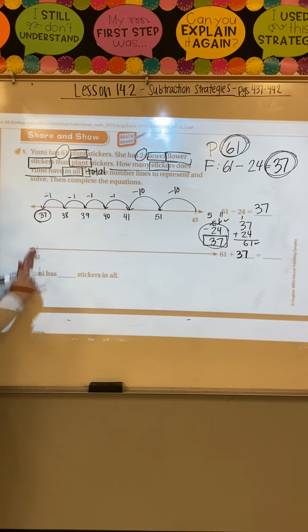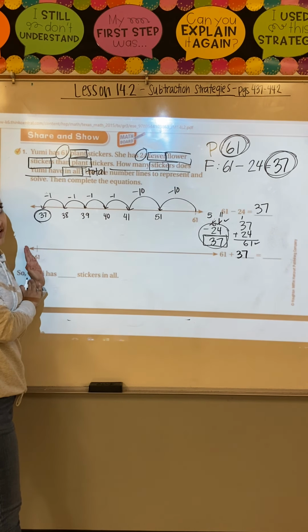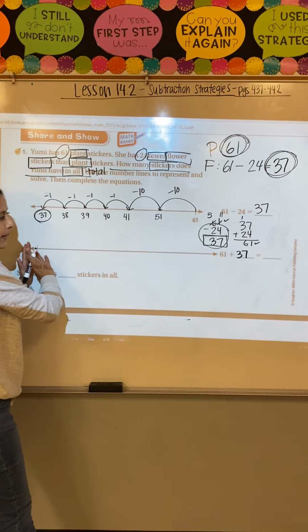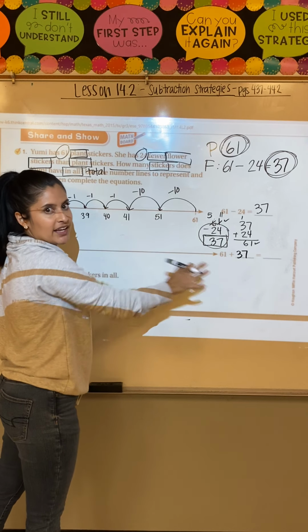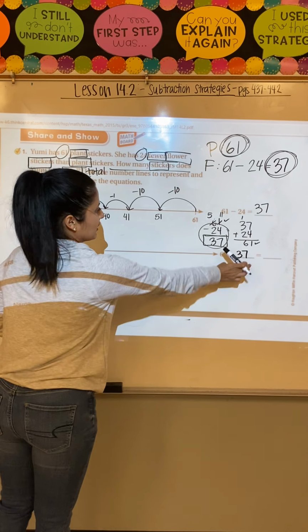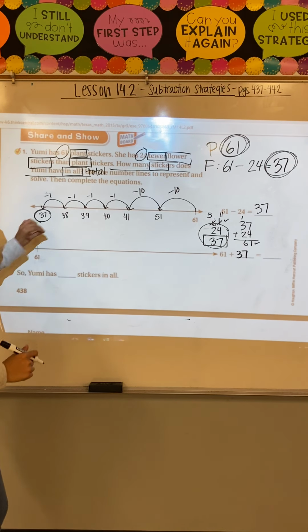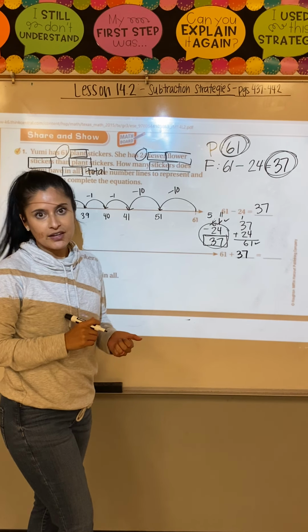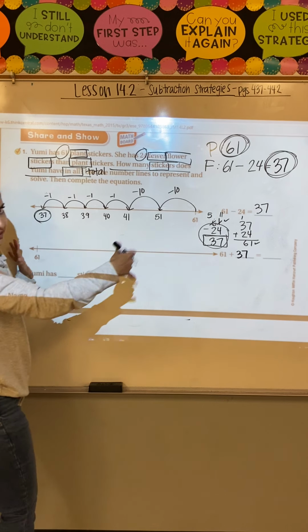Now notice, 61 is at the left-hand side of the open number line. That means I'm moving towards the right. My number is increasing and getting larger by 37. So we can count by 10s, 5s, and 1s until we get to 37 that we've added on.